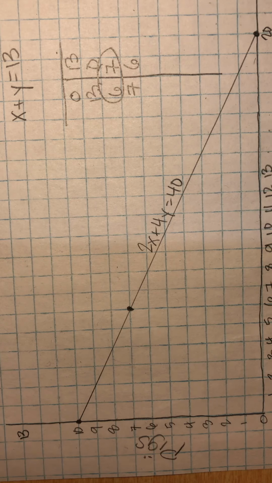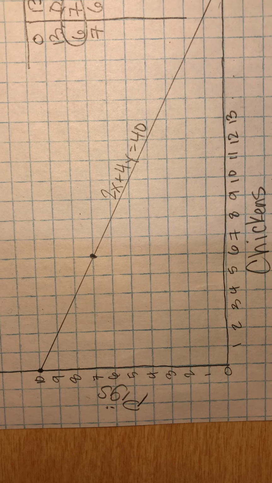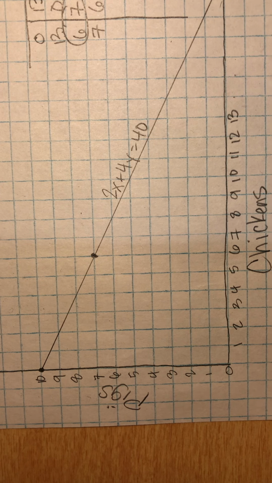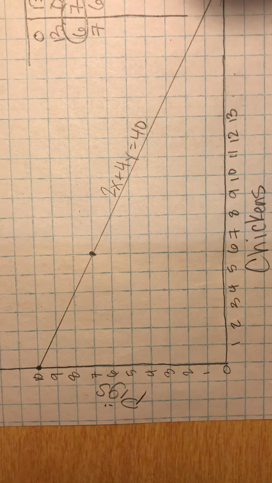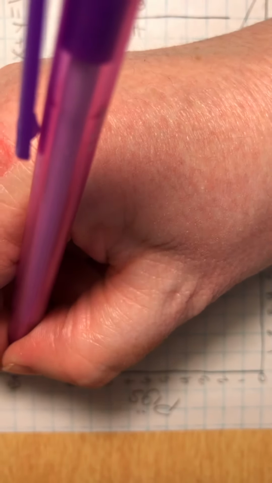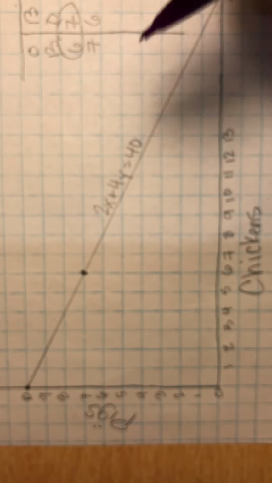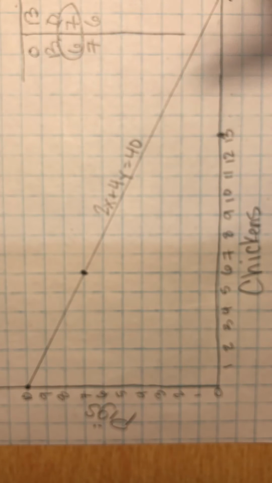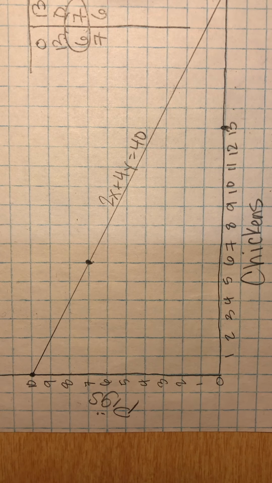Okay, now I have the x plus y equals 13, and I can use any dot I want to plot that. So remember that when x is 0, so this is my y-intercept, y is 13, so I have a dot way up here. And then on my x-axis, I go over to 13 and plot a dot at the 0. And remember that they go through this point here, 6, 7, because I also have that here.